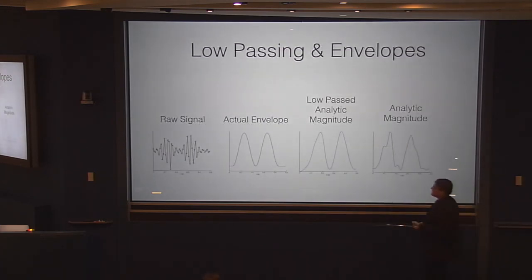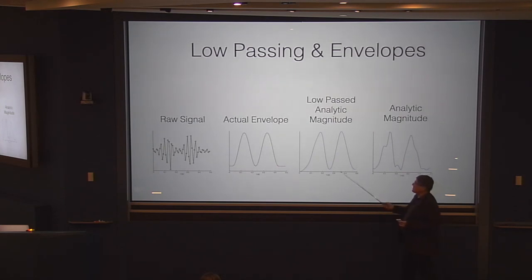And just as a very quick example, this is a raw signal, simulated of course, with a high-frequency carrier and a low-frequency modulating envelope. This is the actual envelope. I know that it's actual because I created this in MATLAB. But there's no way to extract this from that. What you do is you use, for instance, the analytic signal's magnitude and low pass it, and you get a very, very nice approximation to it.